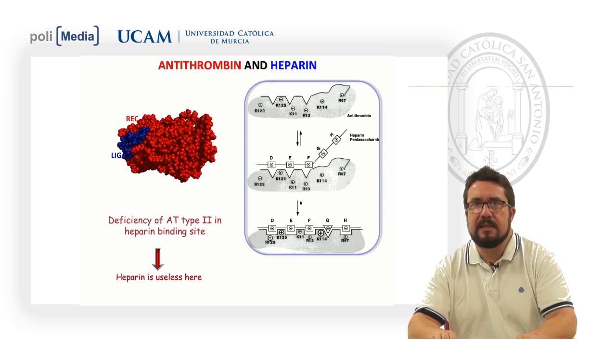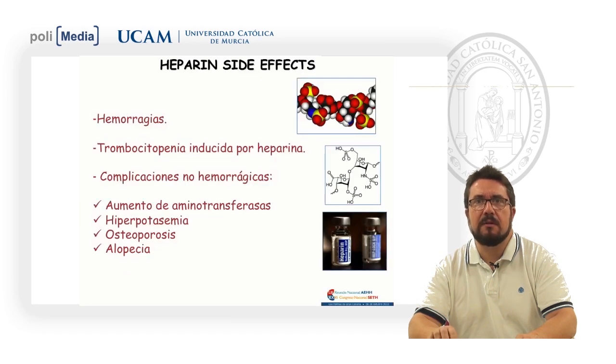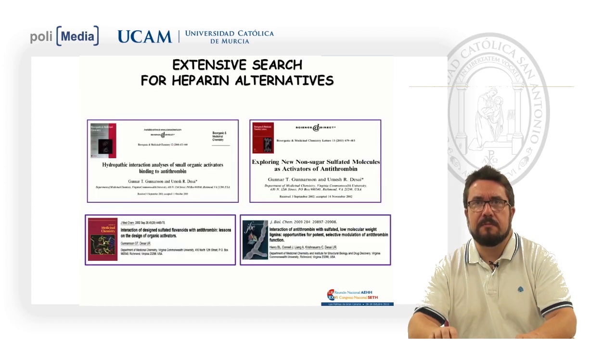So in such cases, heparin doesn't work. So we wanted to find a novel molecule that would overcome these limitations. In addition, heparin has some undesirable side effects, hemorrhage, thrombocytopenia, and many others.